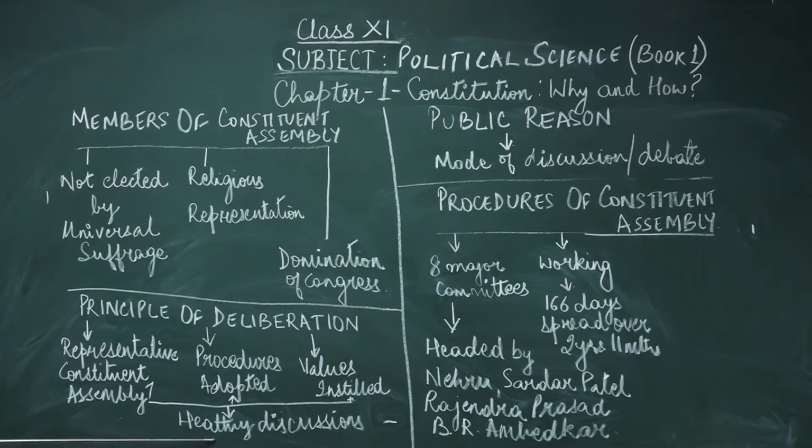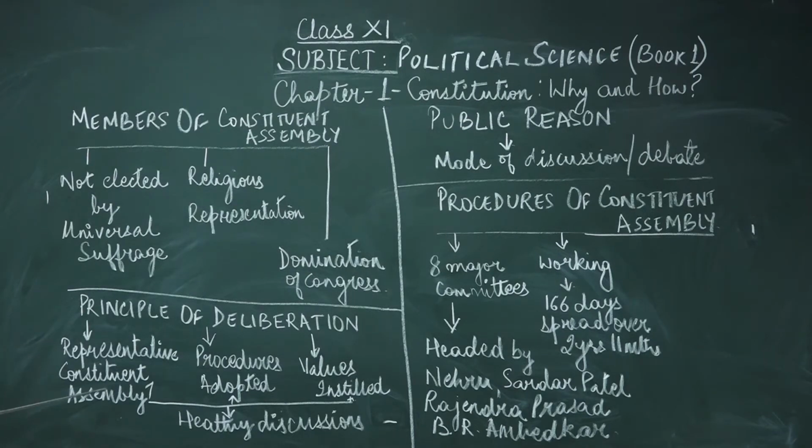And these healthy discussions, let me tell you, did not turn into a fight. They remained positive discussions. They brought a lot of values into the constitution. They also discussed in detail everything about the procedures which had to be adopted. And because they represented each and every person in the country, it was a very representative constituent assembly.